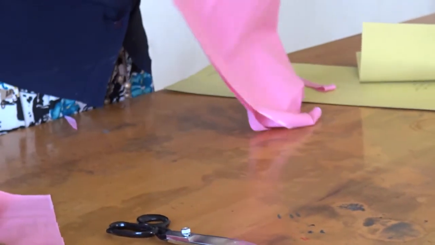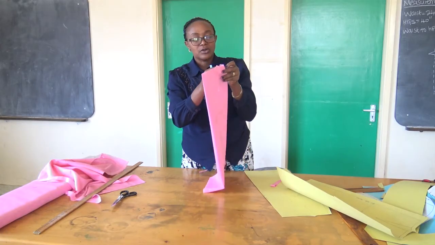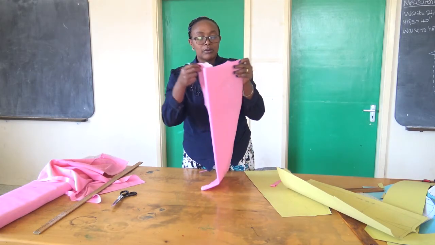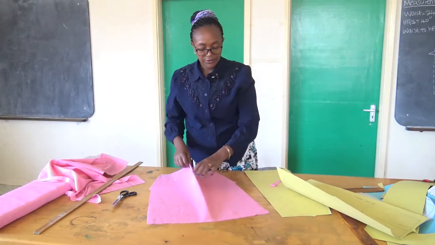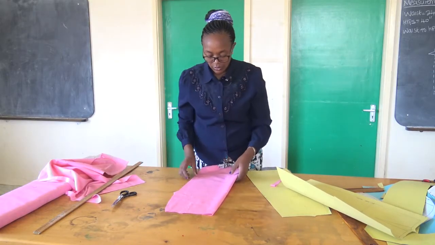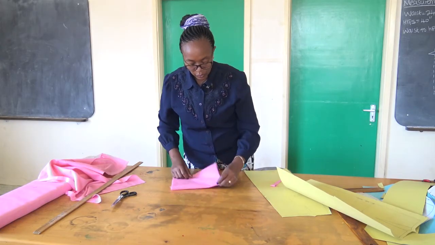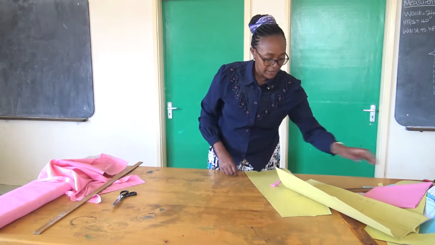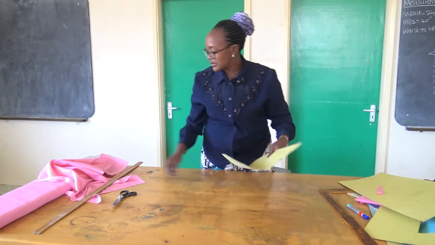If I was to fold it, it is only one part of the skirt which we developed, but after following the instructions, now we've been in a position to achieve two parts of the skirt. That is the front part. It is important you keep it well as you progress to cutting your back skirt. You keep your pattern safe for future use.